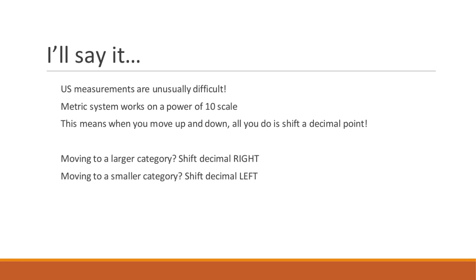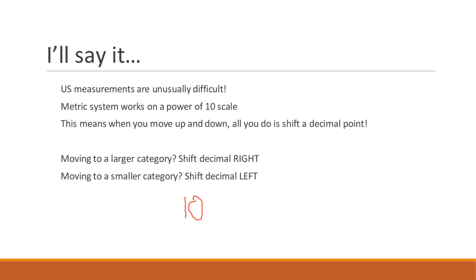Part of what makes it so easy is it works on a power of 10 scale. This means that when you move up and down, all you do is shift a decimal point, because our number system is based on what's called base 10. You go from 0, 1, 2, 3, 4, 5, 6, 7, 8, 9 in the ones place, and as soon as you hit 10, you gain another place. That's why 10 looks like this.